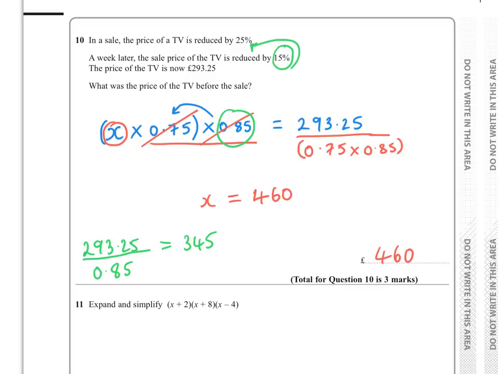So then you can do 345 divided by 0.75 as opposed to what we did here, which was times by 0.75. So let's divide that by 0.75 on the calculator, and we get £460 again.